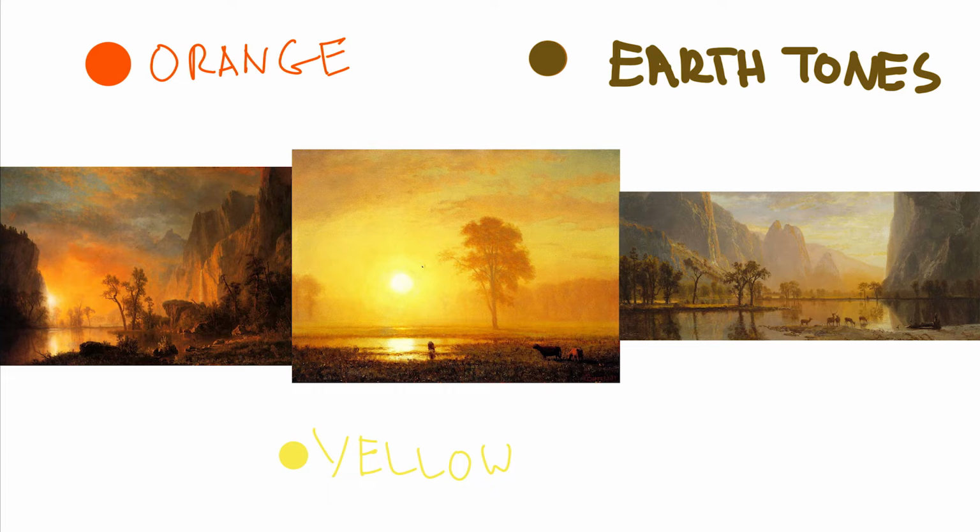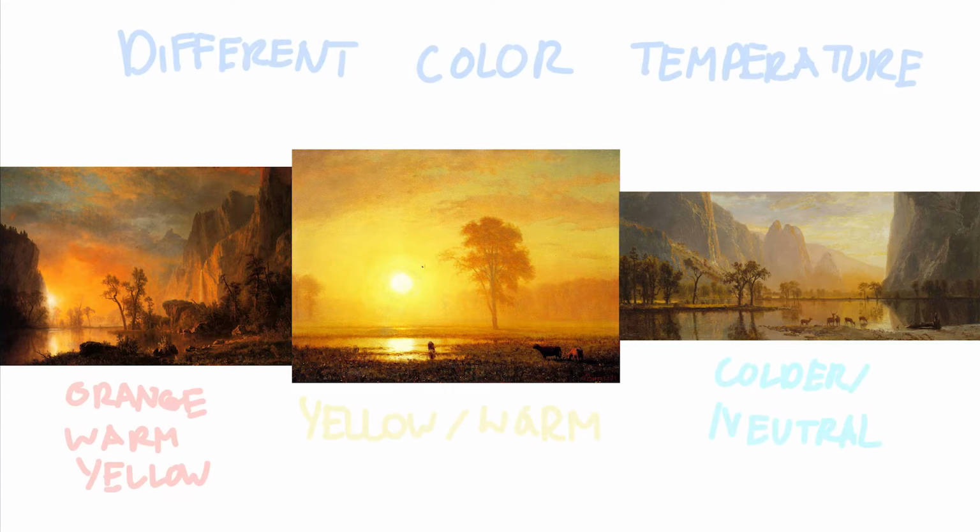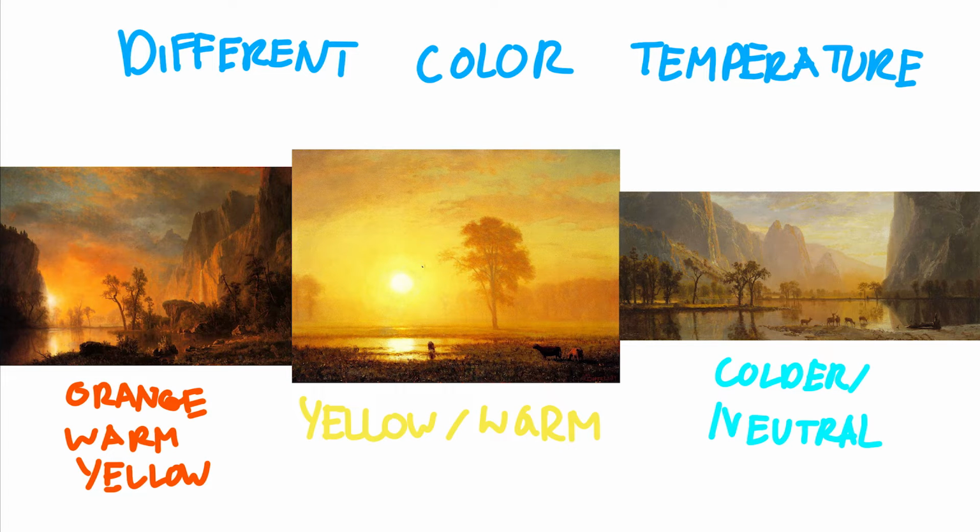Now the next thing we're going to look at is that, despite all three paintings having a sunset feeling, if we look closely at every individual painting, they do look slightly different. We're going to see the reason why. When I put the three paintings side by side, I categorized one as cold, one as yellow, or you can also call it warm, and the other one as a warm, yellowy, orange kind of color.